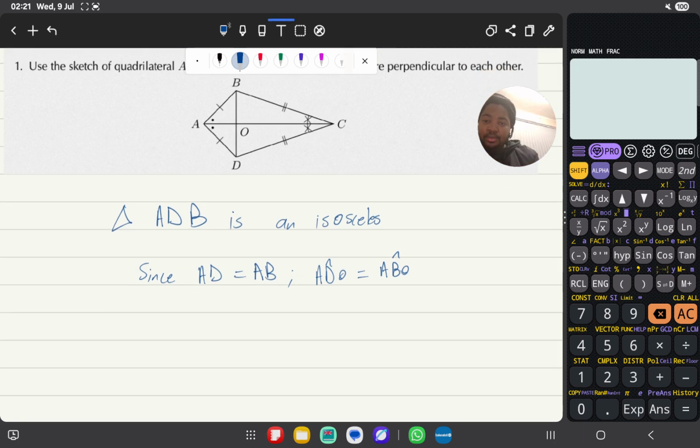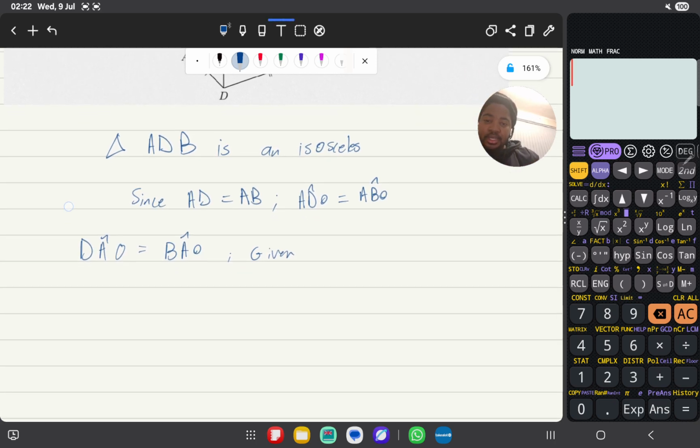So now I want us to do this. Say for example, angle DAO equals angle BAO, and that is given to us, right? And now you're going to say this.